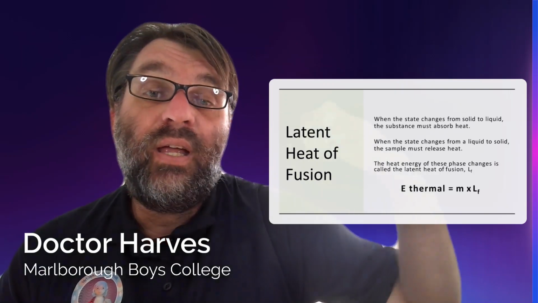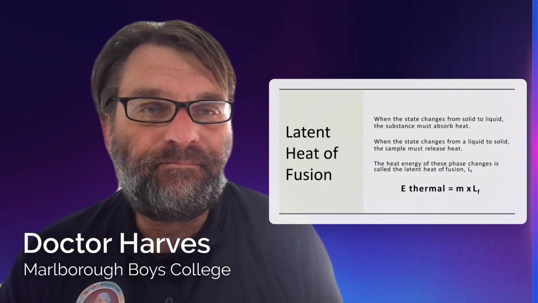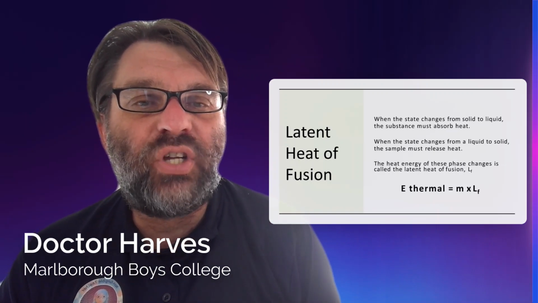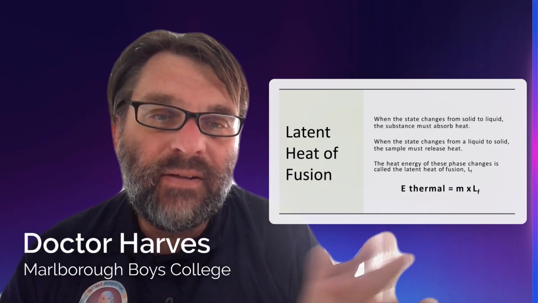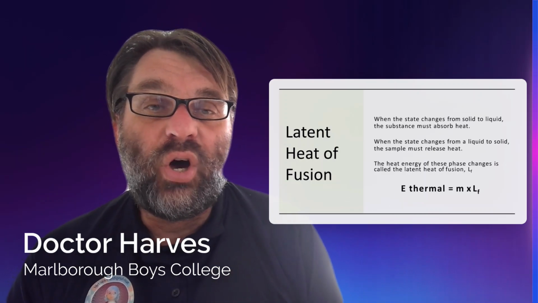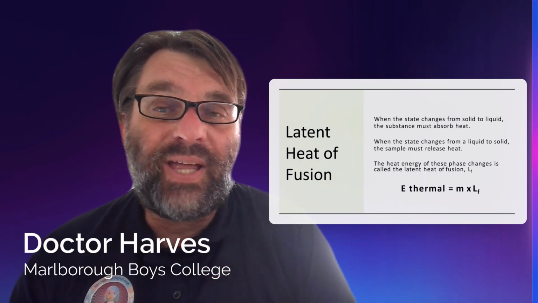Going from a liquid to a solid, the sample must release its heat, so that's going to be negative. The heat energy of the phase change is known as the latent heat of fusion, LF. So the equation is the thermal energy equals the mass of the substance times its latent heat of fusion, and it can be either negative or positive, which we'll look at soon.